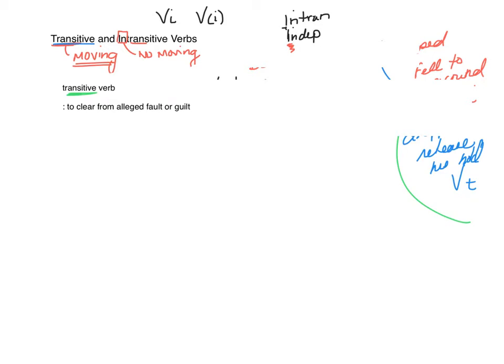If you run into a dictionary, like if you look something up on the Google dictionary, it will only say that something is a verb or a noun or an adjective. That is a pretty good indication that it's a bad dictionary, because if you look up exculpate and find this, exculpate means to clear from alleged fault or guilt. So it means that you prove someone's innocence.